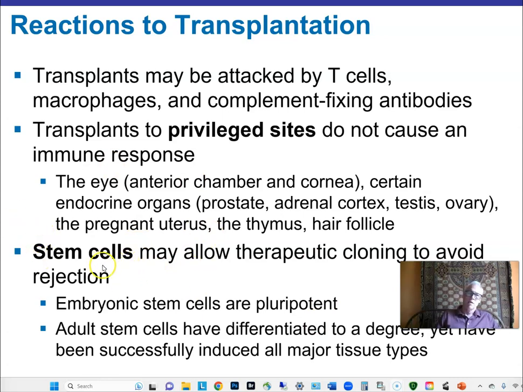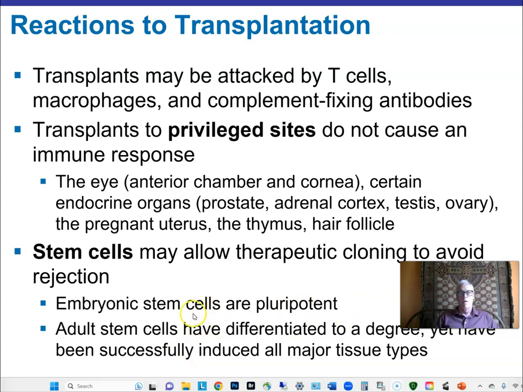Stem cells have a lot of potential application for organ replacement, for attacking cancers, for all kinds of things. There's a lot of research going on using stem cells to try to either build new tissues or create various progeny of cells that can be used for everything from drug test screening to treating cancers.